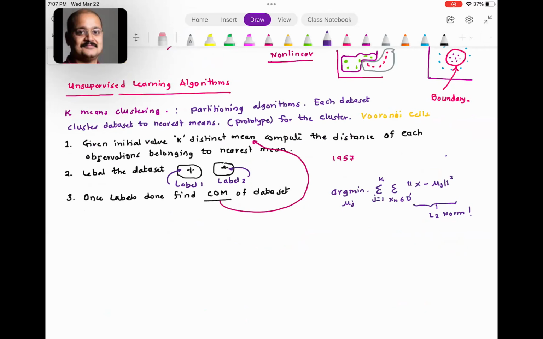Okay, so in dendrograms, this is another algorithm, and dendrograms is unsupervised hierarchical clustering.